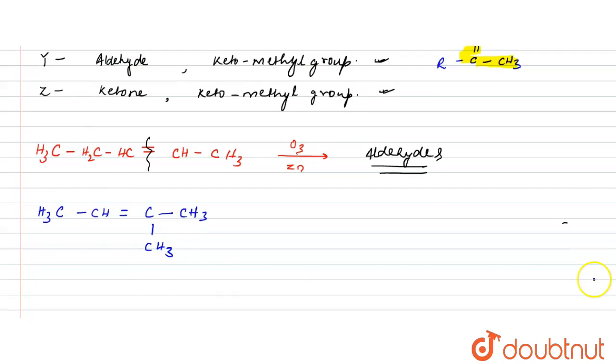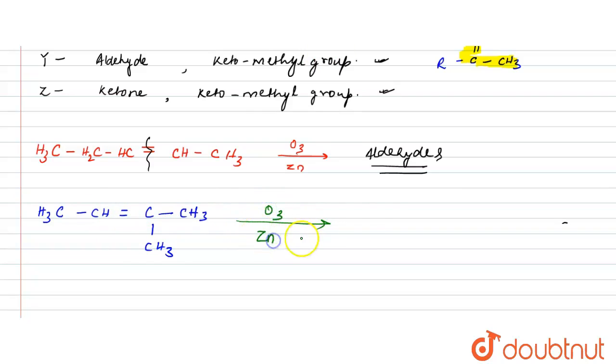Now this compound also has 5 carbons, but the main carbon chain is of 4 length only. In this way you can have a ketone as well as an aldehyde on reductive ozonolysis.